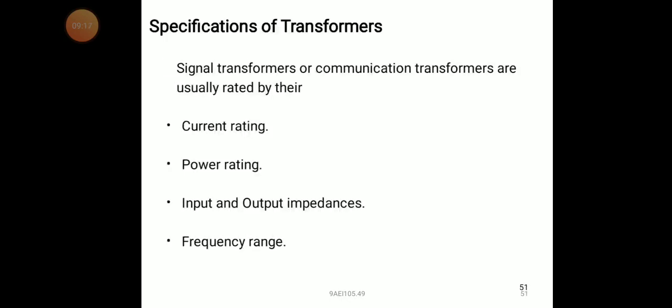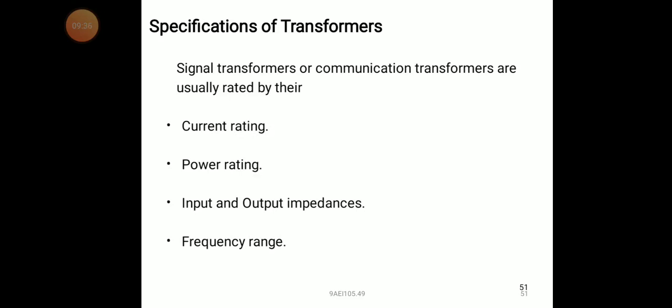Here the current rating says how much current can pass through these coils. The power rating is the maximum amount of power which can be transferred through the device.